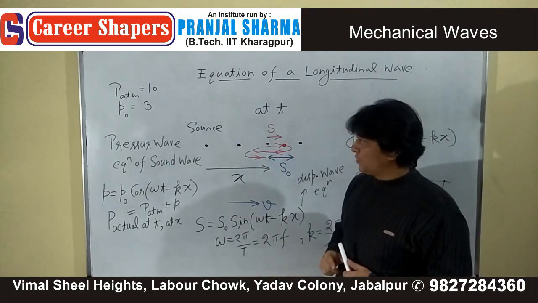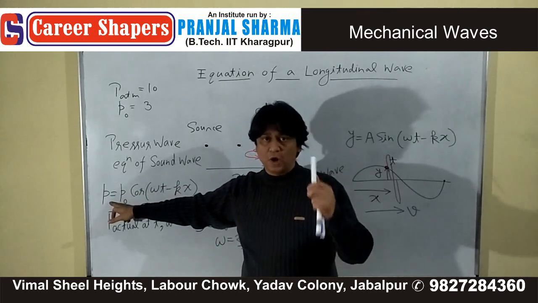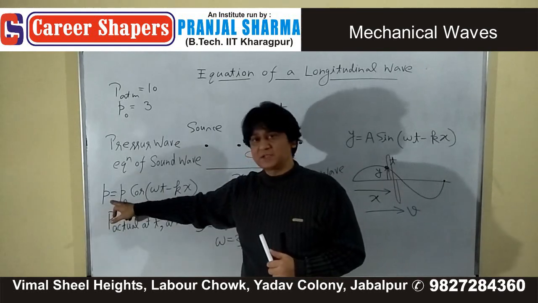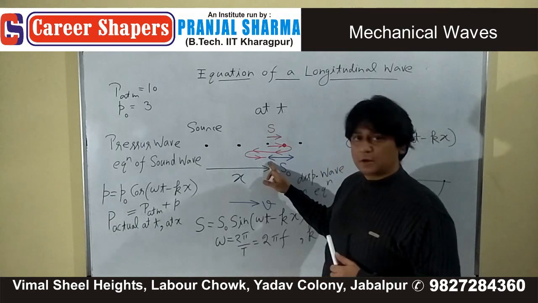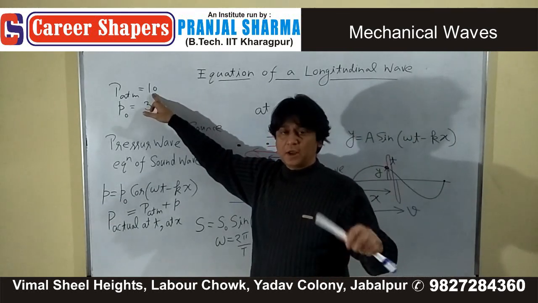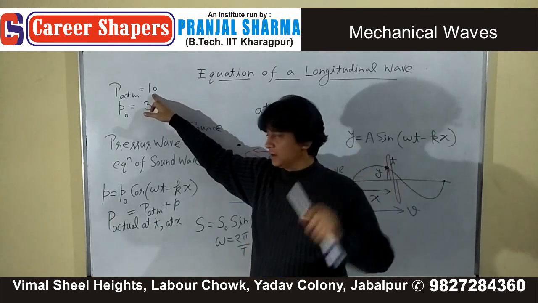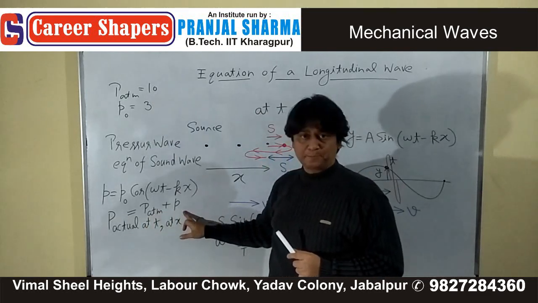At some time, you found that this small p is coming 1. Pressure has increased. Then what is the pressure over here? You will say 10 is already there, and due to the sound wave, pressure has increased by 1, and therefore total pressure becomes 10 plus 1.